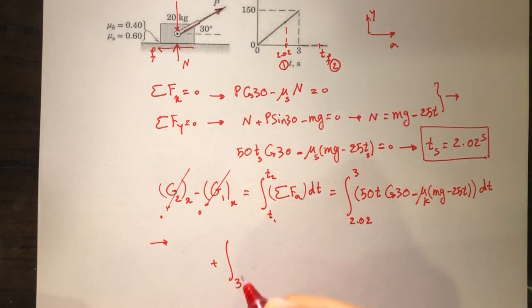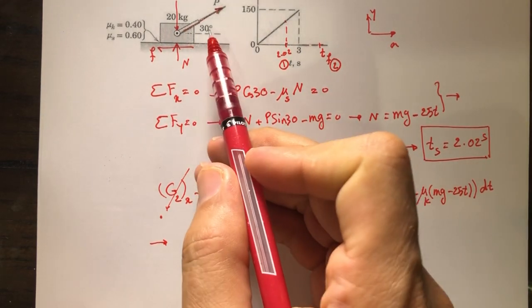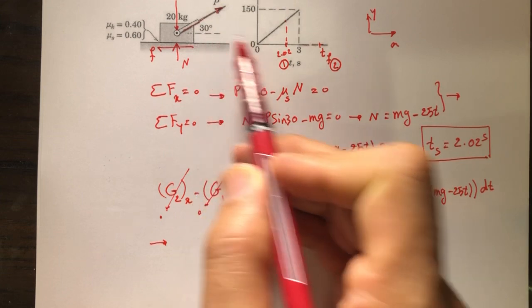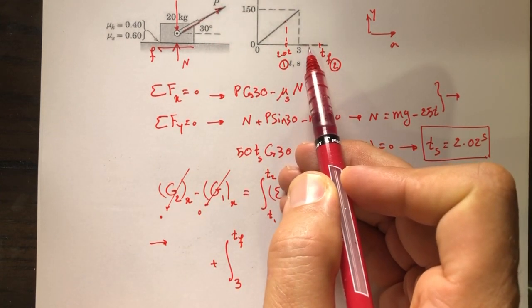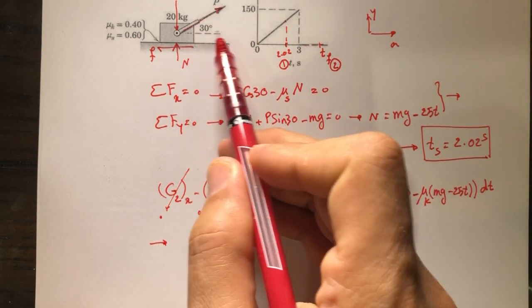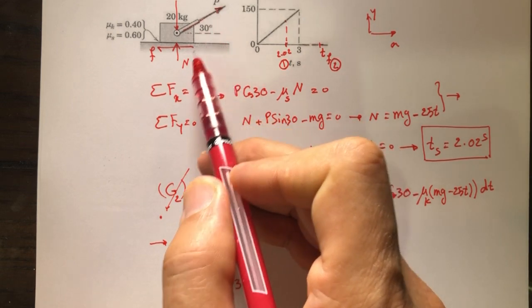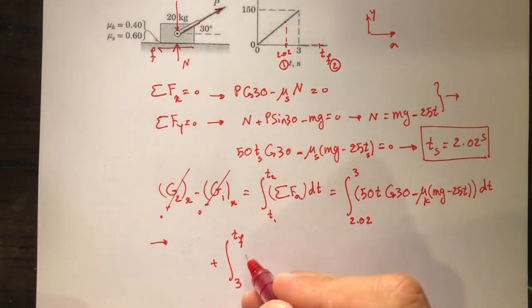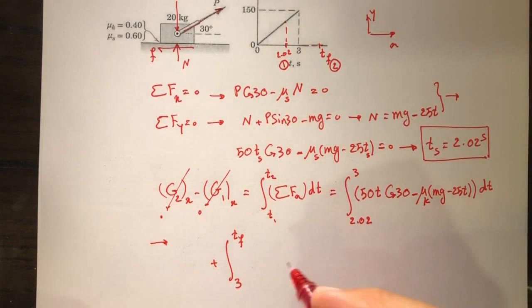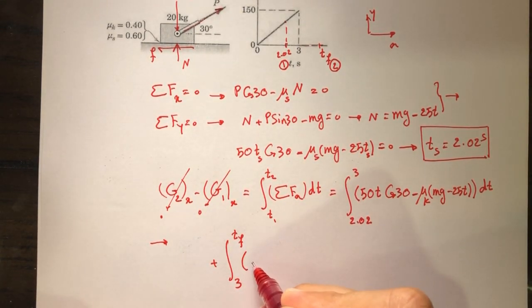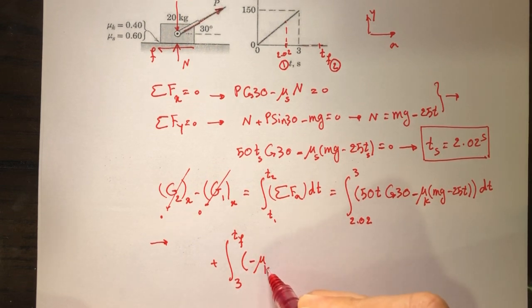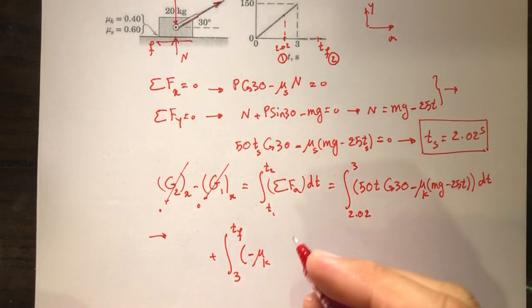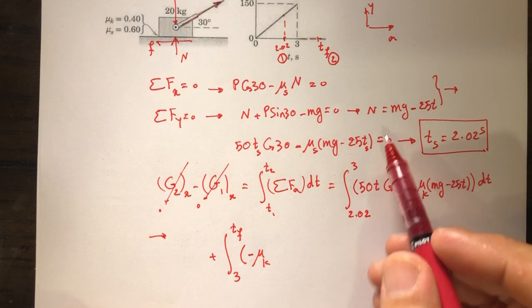So from 3 to the final time, the sum of the forces in the x direction, again, is going to be P cosine of 30, but P is equal to 0 during this time. So we are not going to have any force from this P. The only force in the x direction is going to be just the friction force, and the friction force is going to be in the negative direction. So we are going to have just negative mu k times the normal force.